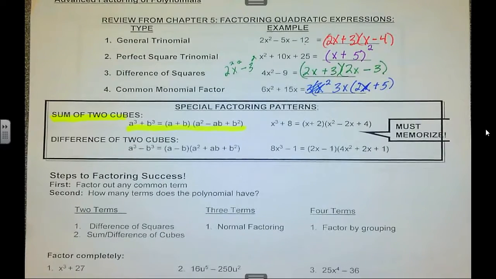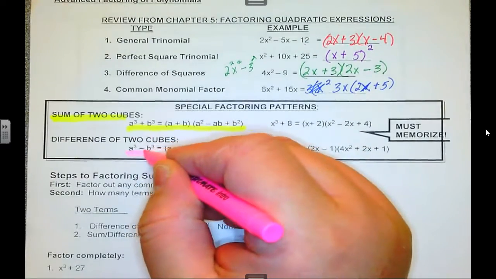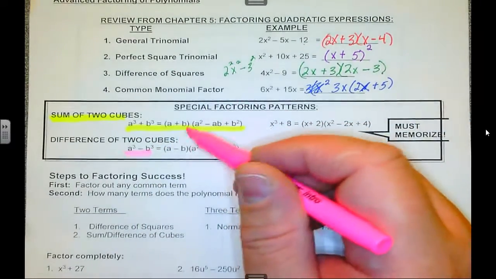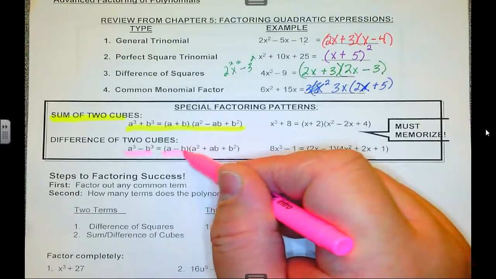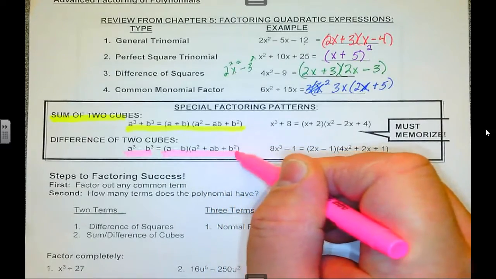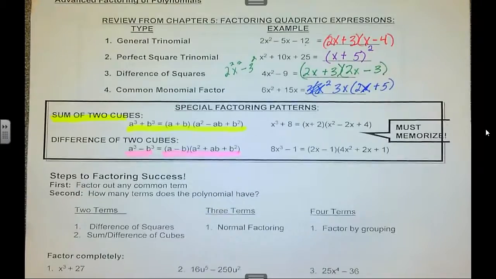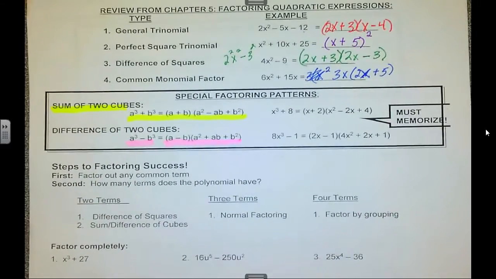And then the difference of 2 cubes is a cubed minus b cubed equals a minus b times quantity a squared plus ab plus b squared.